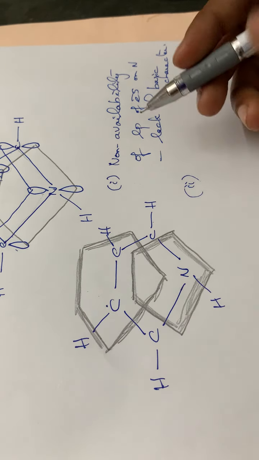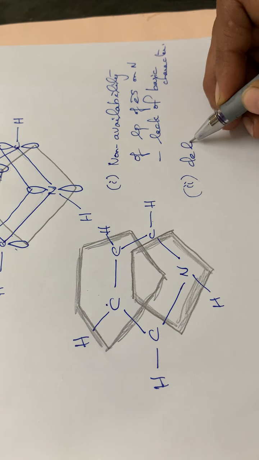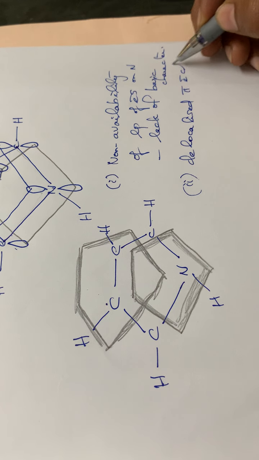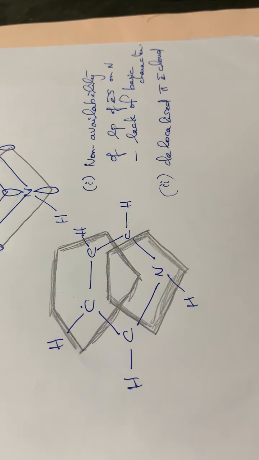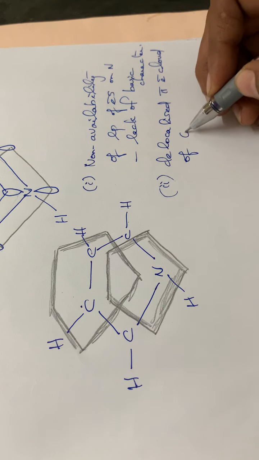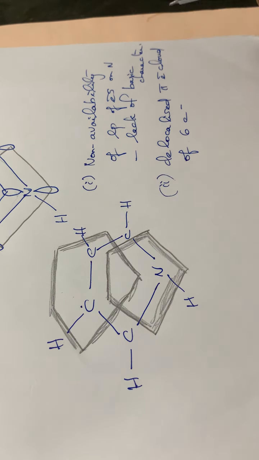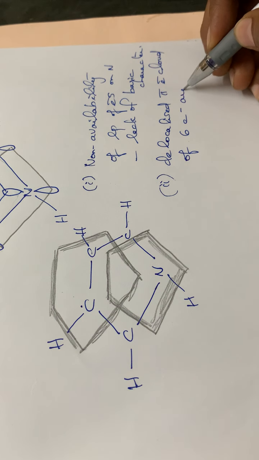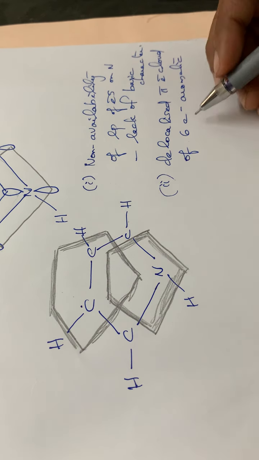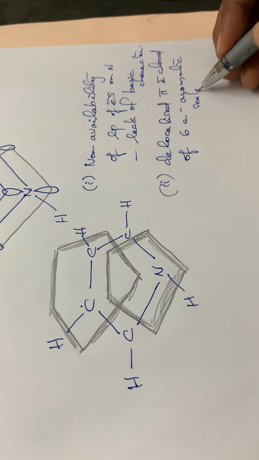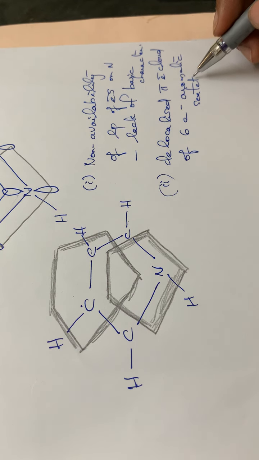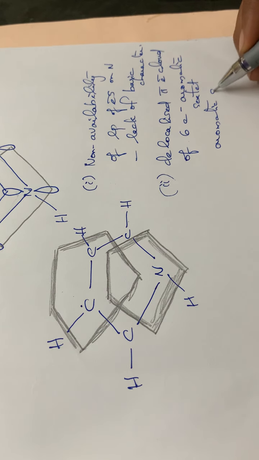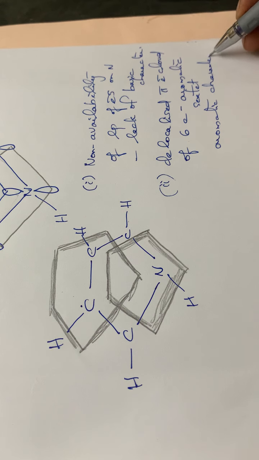So the delocalized pi electron cloud of 6 electrons explains the aromatic sextet, or the aromatic character of this.